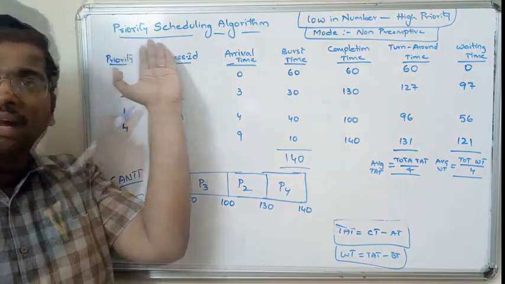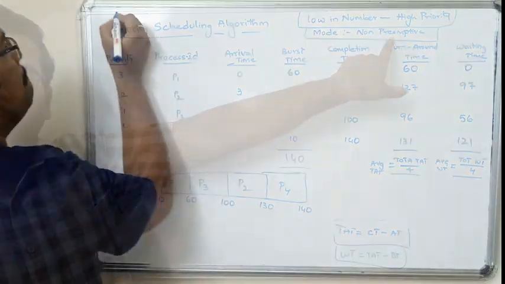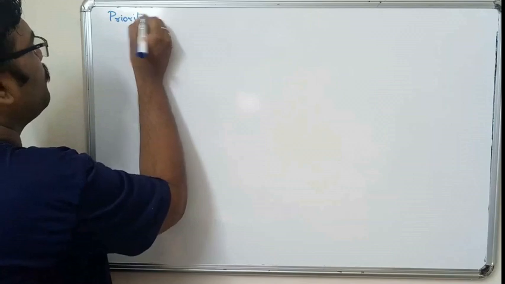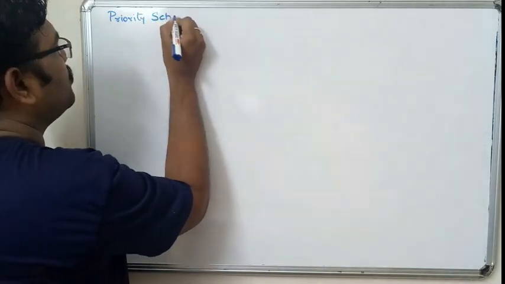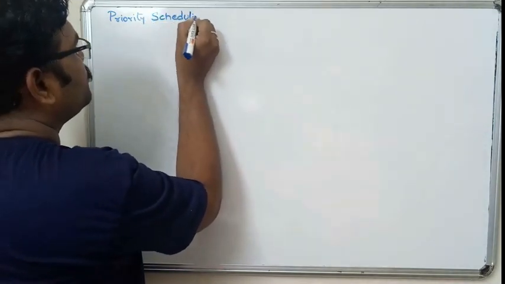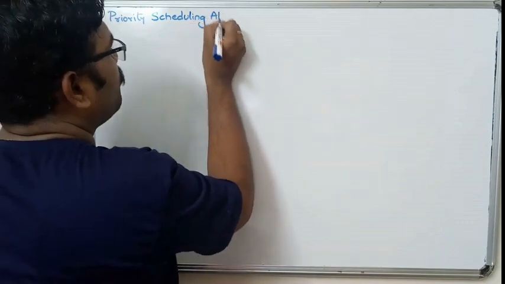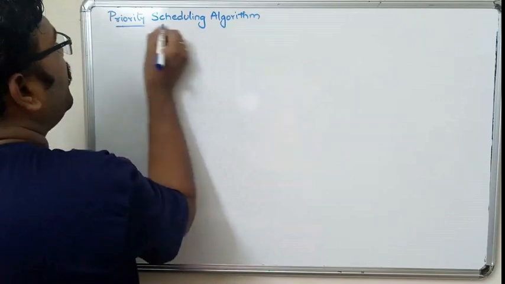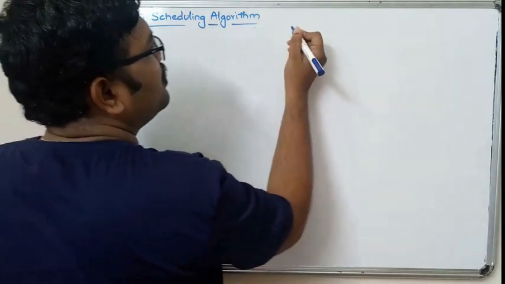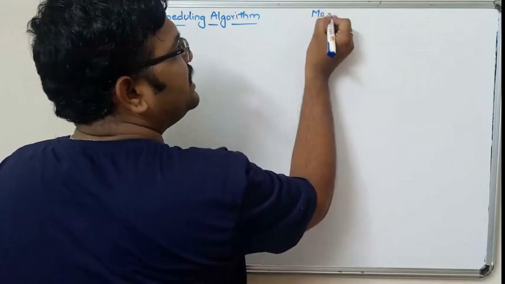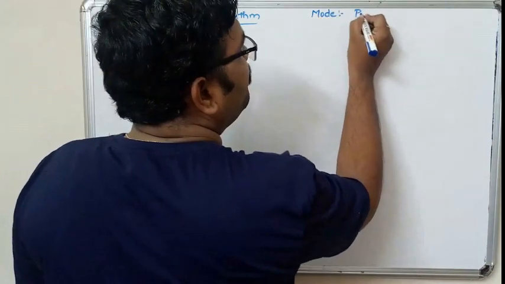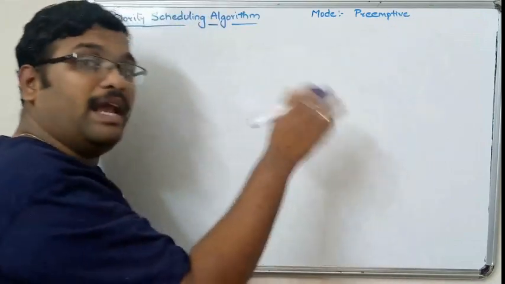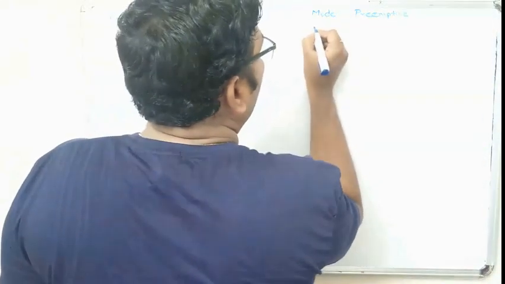Now the priority scheduling algorithm in preemptive mode. So here the mode is preemptive, so there will be an interruption.